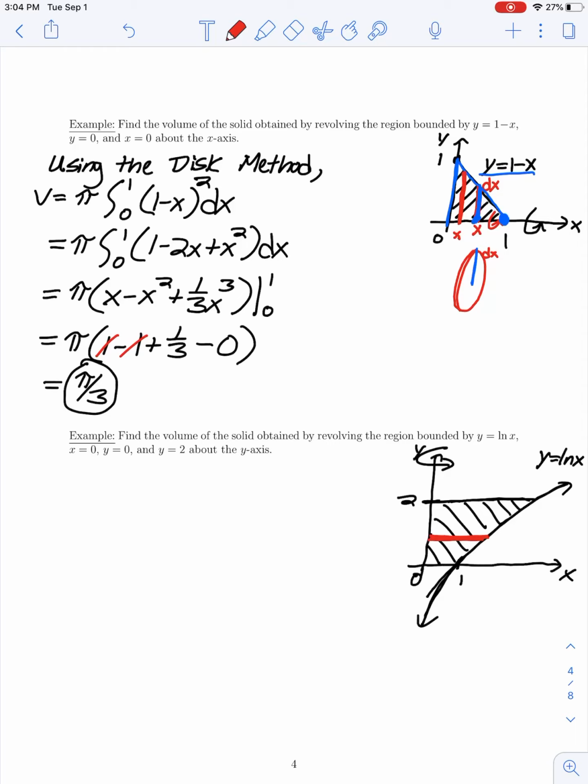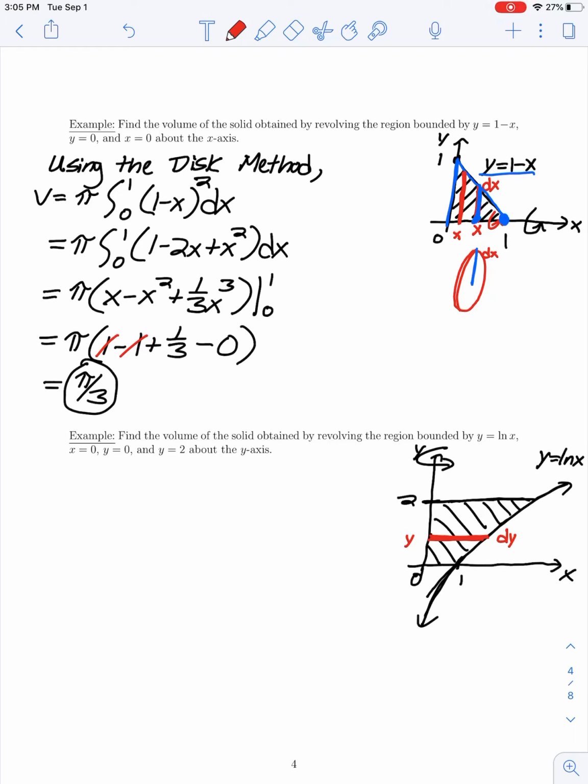So in our earlier examples, when we were revolving about the x-axis, we used a little vertical strip. So here, since we're revolving about the y-axis, let's try a little horizontal strip taken at a value y, units above the x-axis, somewhere between 0 and 2. And let's call the thickness of that strip dy, or a differential of y.